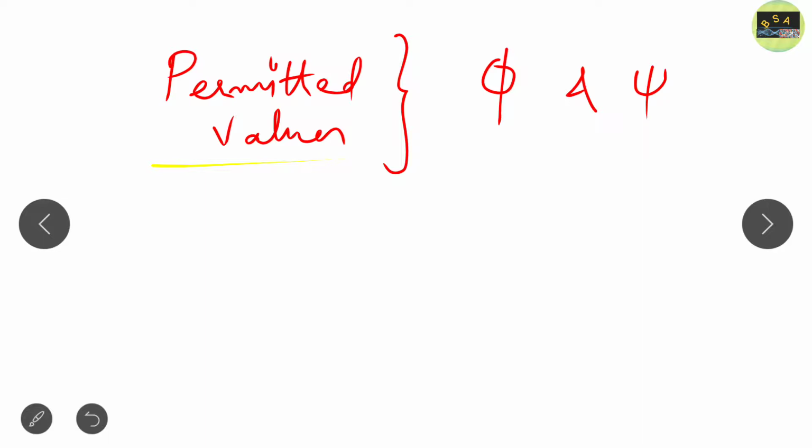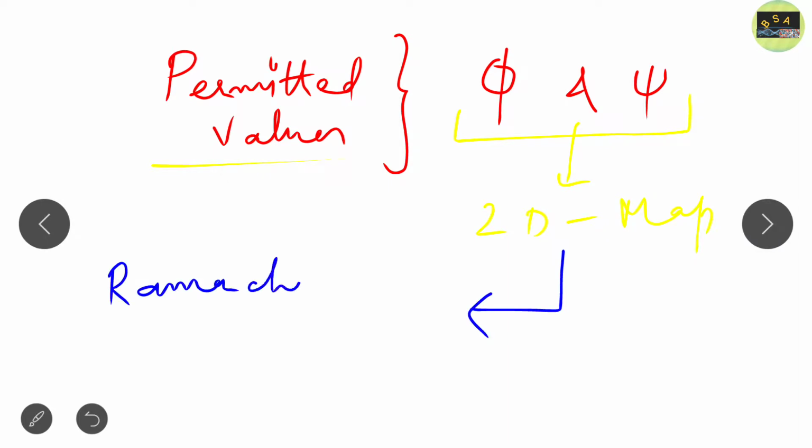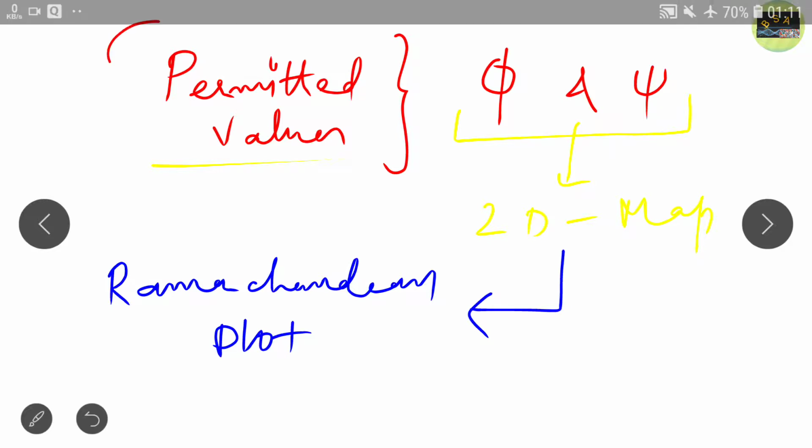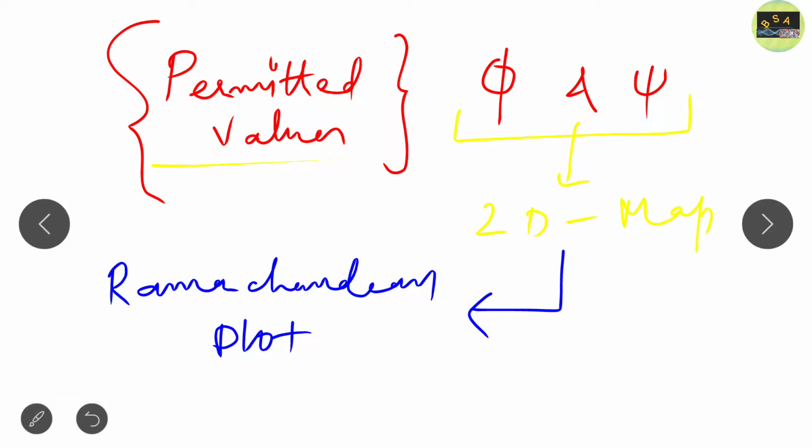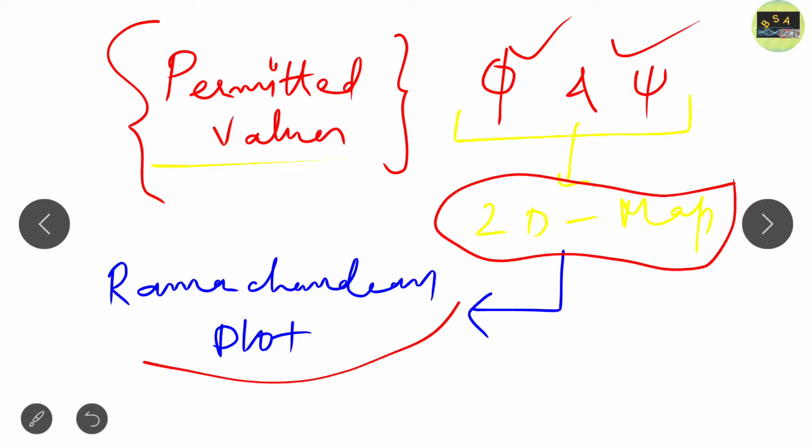He plotted these permitted phi and psi values on a 2D map, and that 2D map is known as the Ramachandran plot. G. N. Ramachandran studied which values are permitted, because many values can cause steric interference between atoms, due to the amino acid side chains or the polypeptide backbone.